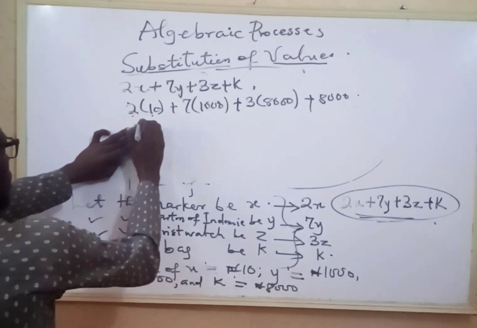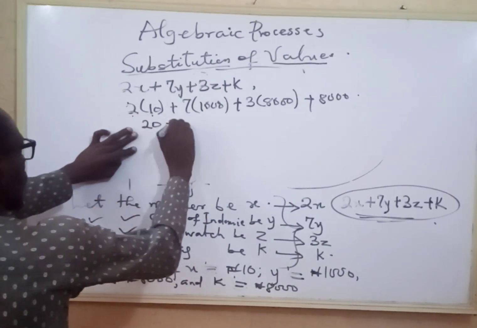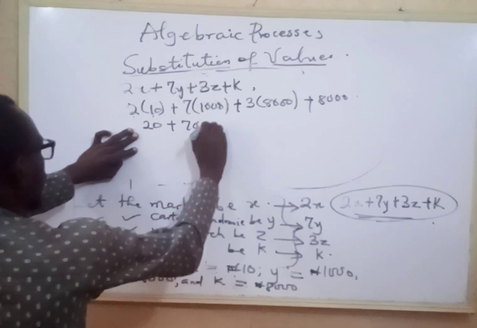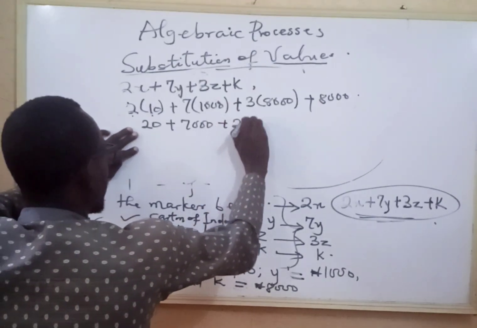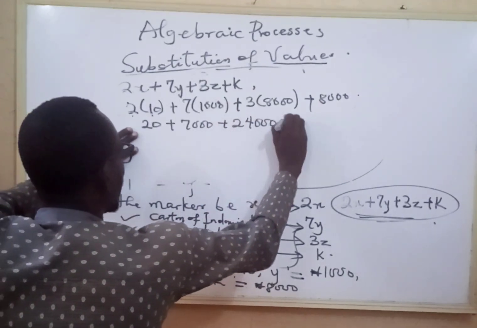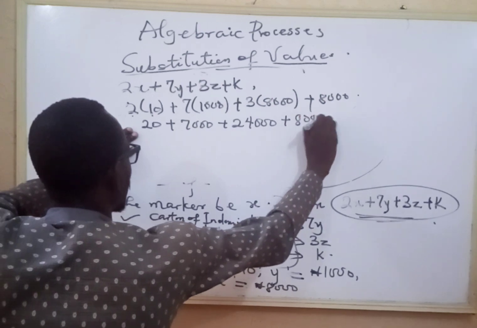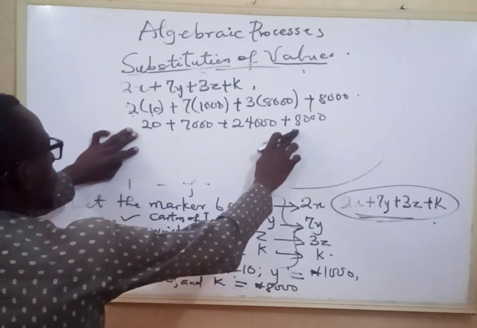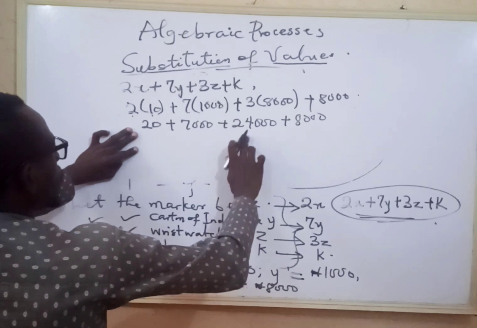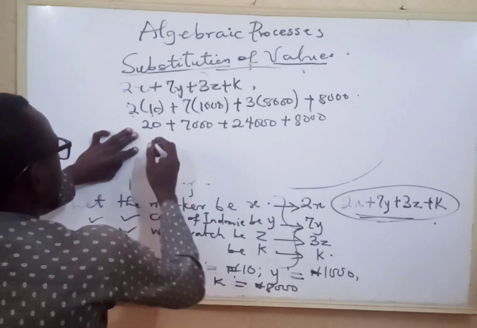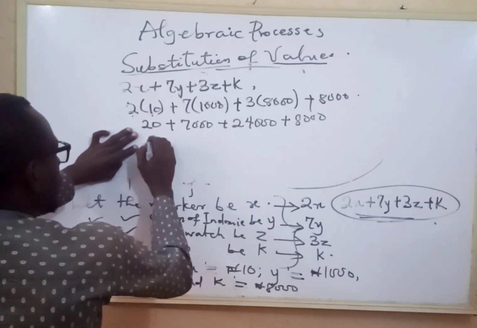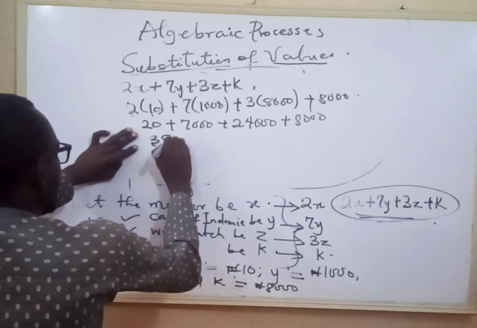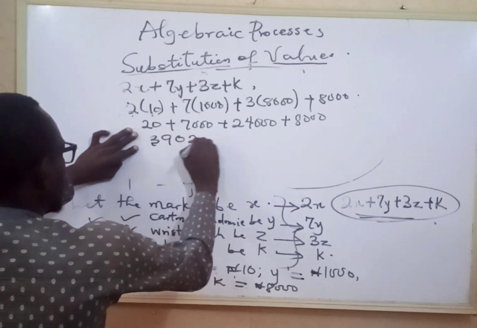This is now 2 times 10 is 20 plus 7 times 1000 is 7000 plus 24,000 plus 8,000. This is 15,000. 15 plus 24, that is 39. 39,000 and 29. 39,029.